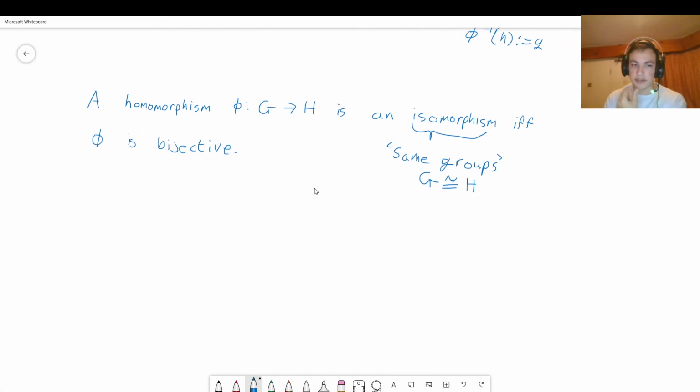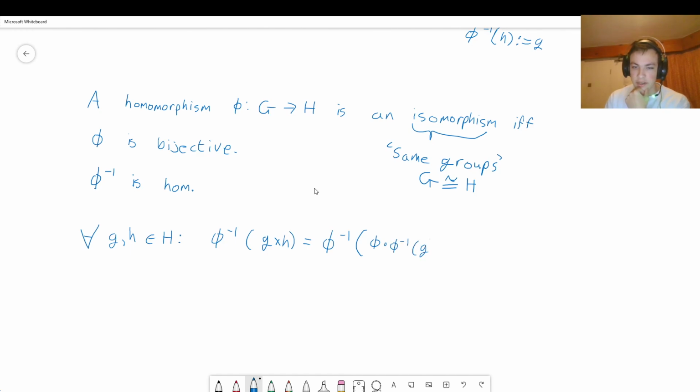Normally when we have this sort of map, we require that phi is bijective and also phi inverse is a homomorphism. But with groups, we're already guaranteed that, because for all g, h in H, we have that phi inverse of g times h is phi inverse of, we can rewrite g as phi of phi inverse of g, times phi of phi inverse of h.